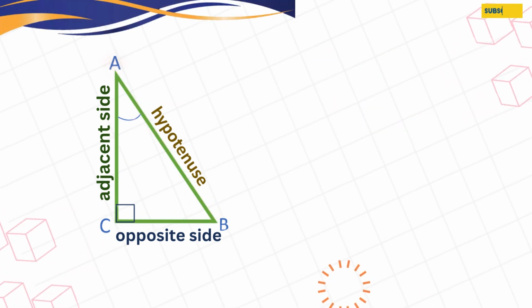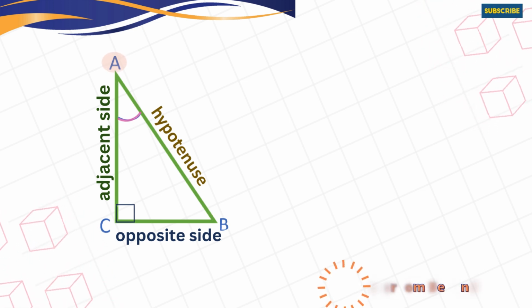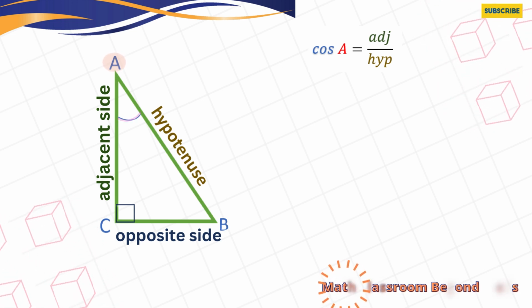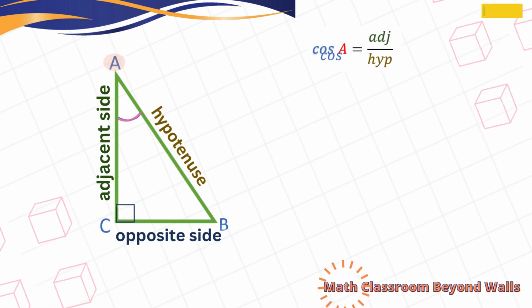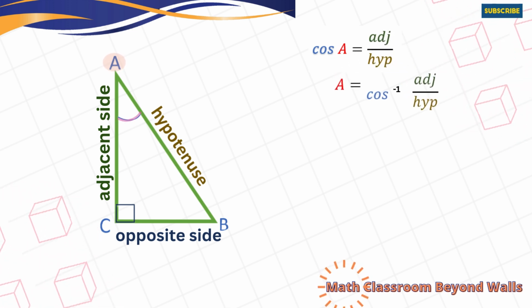This is now the equation that will be used in solving for angle A when the opposite side and the hypotenuse are known. The same thing happens with cosine ratio, which is cosine A is equal to adjacent side over the hypotenuse. Its inverse is set up in the same manner. We move cosine to the right side of the equation, assign it with a negative exponent, and land it before the ratio like this.